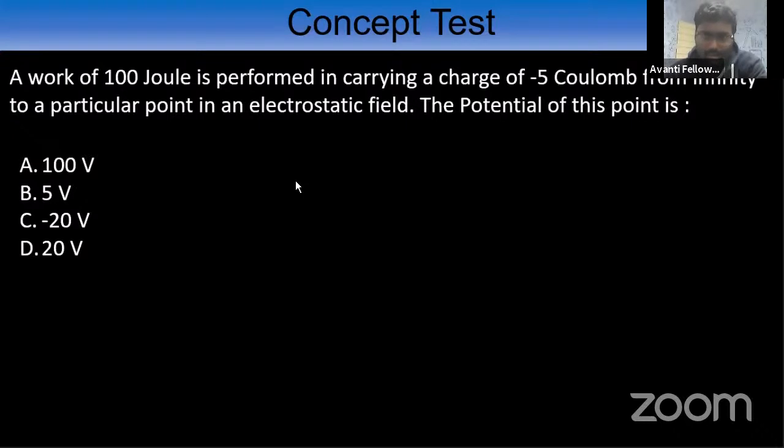A work of 100 joules is performed in carrying a charge of minus 5 coulombs from infinity to a particular point in an electrostatic field. The potential of this point is: option A, 100 volts; option B, 5 volts; option C, minus 20 volts; option D, plus 20 volts.